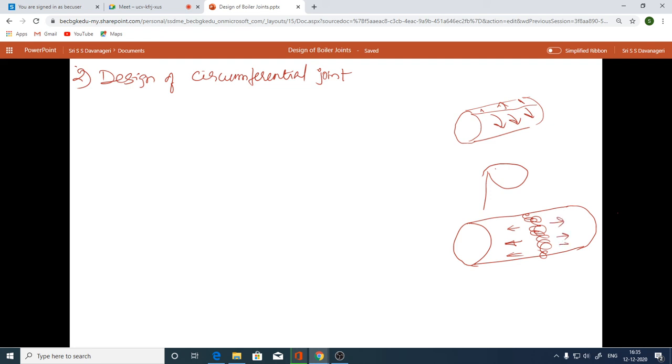This joint has to sustain the force exerted by the steam or fluid medium. Okay.